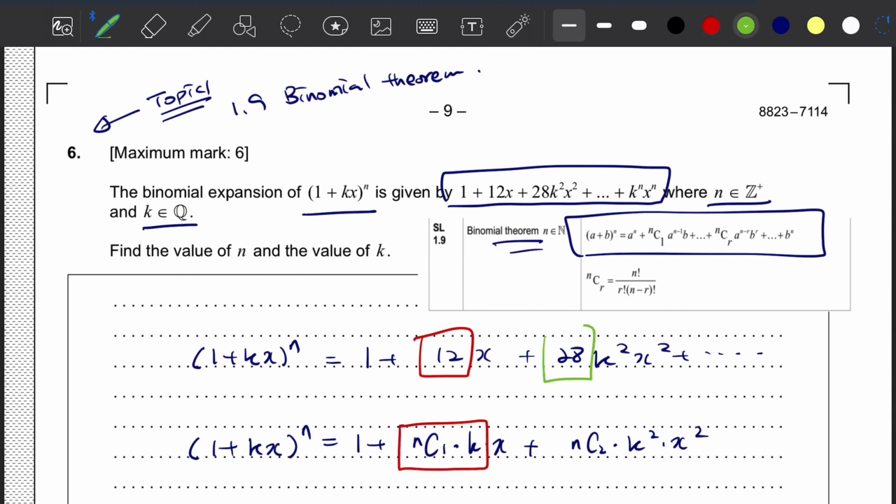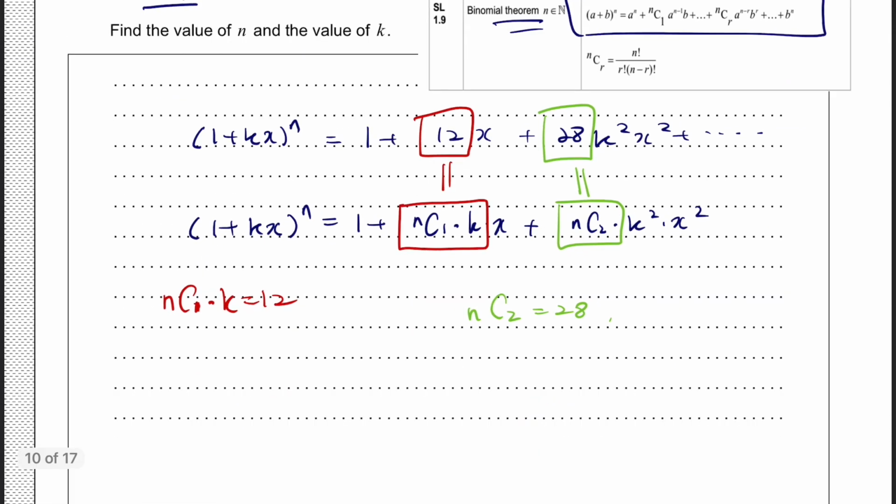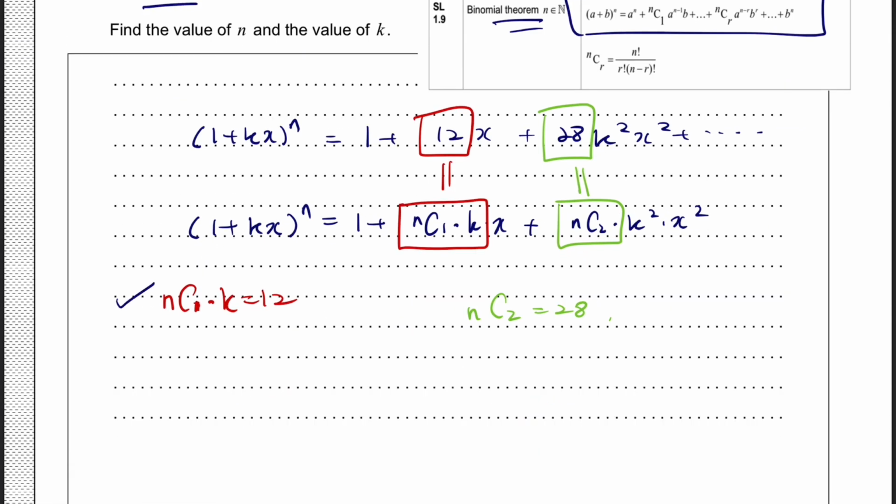The 28 is the same as nC2, right? Then we now have two equations to solve two unknown values, right? So if you look at equation number 1, we actually have two unknown variables. However, if you look at equation number 2, we have only one variable.